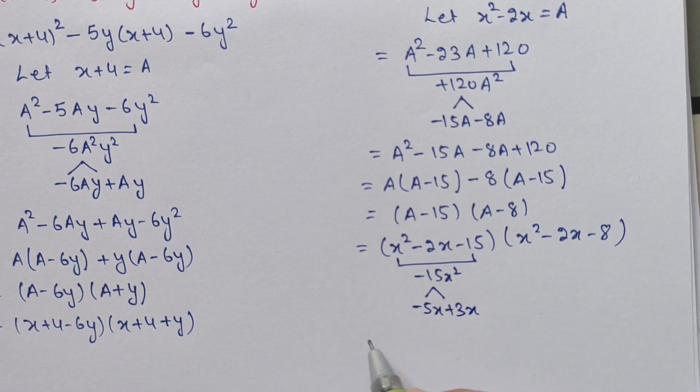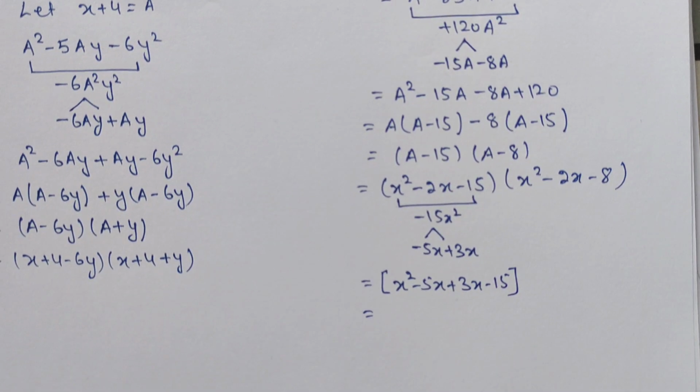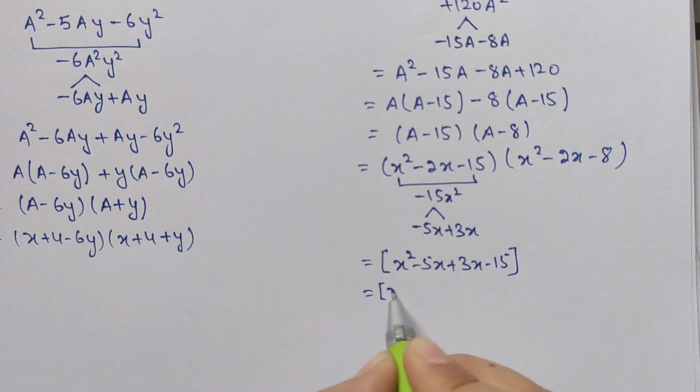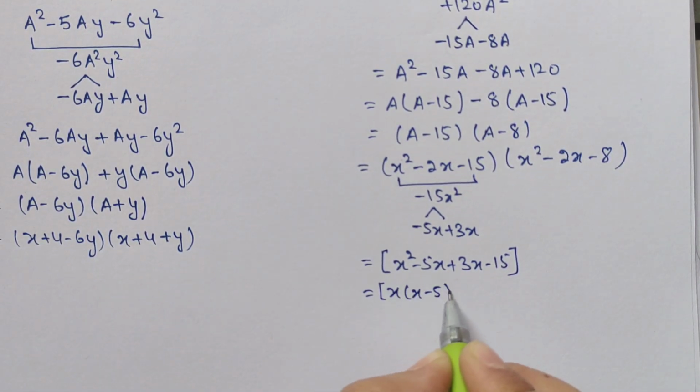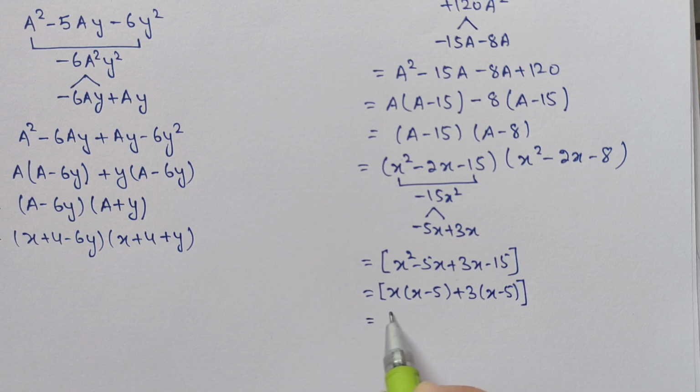Replace it in the middle term: x² − 5x + 3x − 15. Then here we can take x out common, x − 5 will be inside the bracket. Here we can take 3 out common, x − 5 will be inside the bracket. So the factors are (x − 5) and (x + 3).